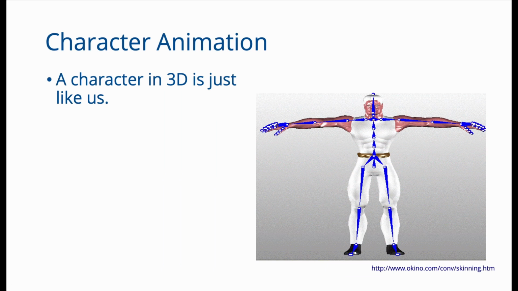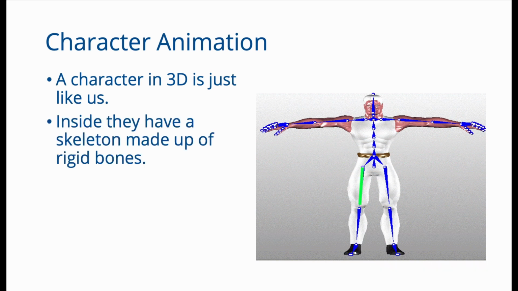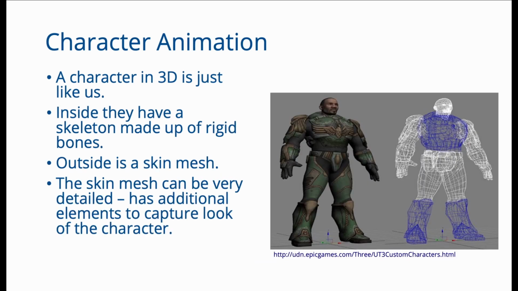How do you do a character animation? Well, a character in 3D, and we have already talked about this, is made up of a mesh, and the mesh has a skeleton made up of rigid bones inside. The mesh is called a skin, and the mesh is actually made up of a bunch of polygons that are connected together.